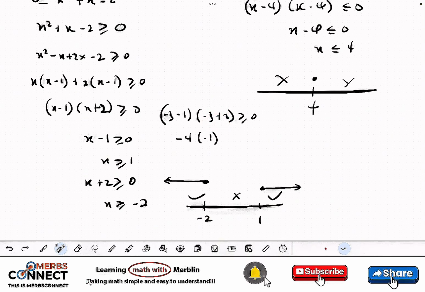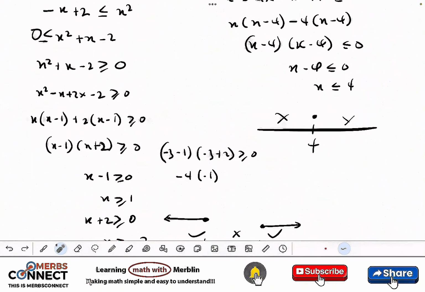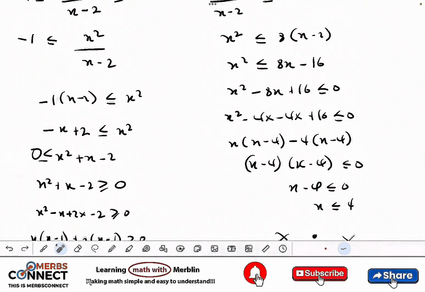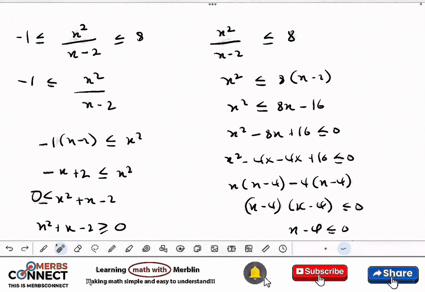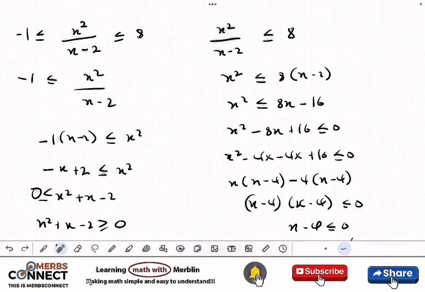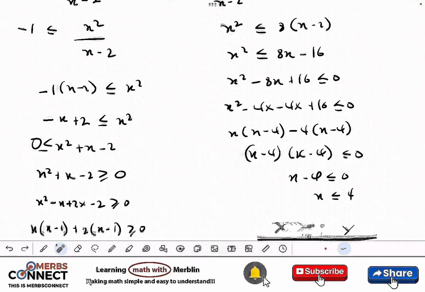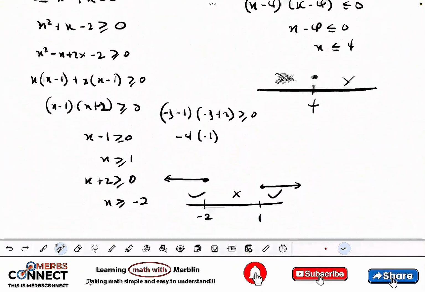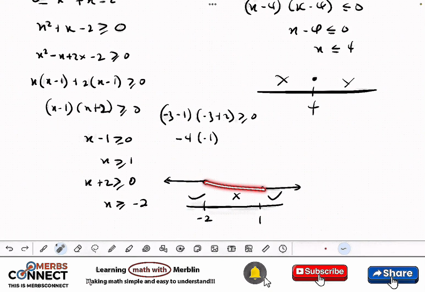Because this is minus 4 and this will be minus 1. Okay, this is going to be this, and this is going to be that. This is greater than or equal to 0. Let me check my sign again. Yeah, it's right. Multiply this by this, x squared. I'm trying to see if it's supposed to be the line between minus 2 and 1, or is it supposed to go this way and this way?